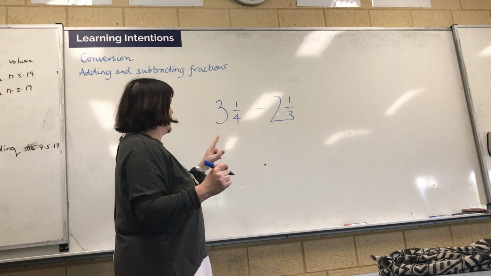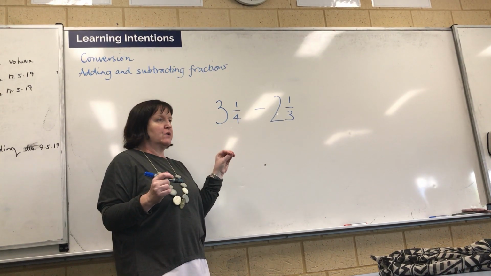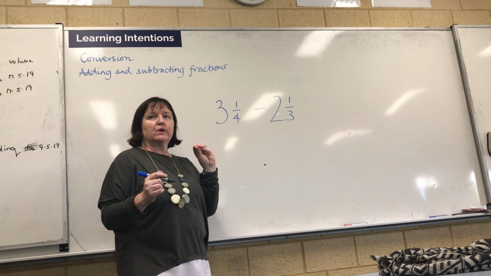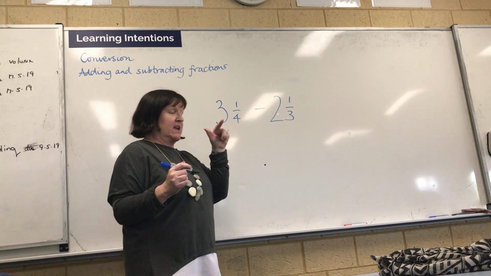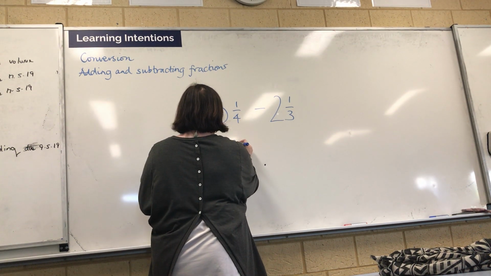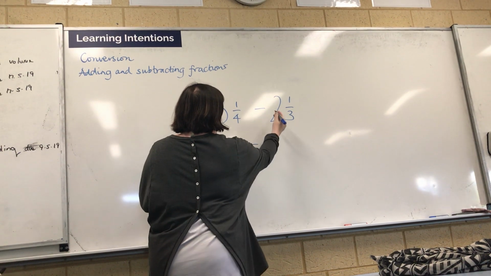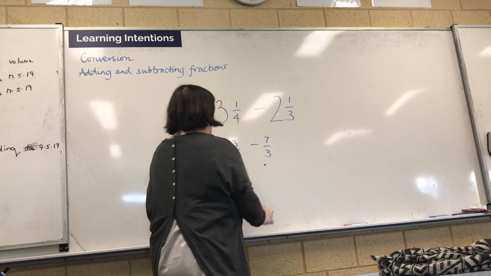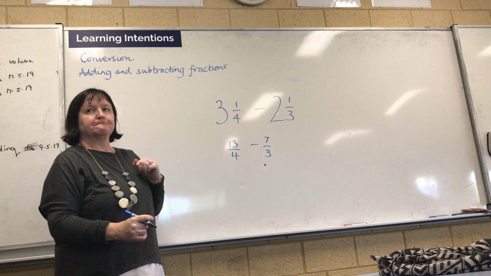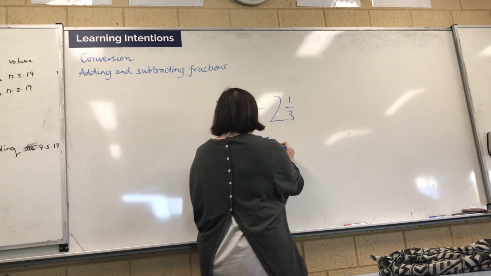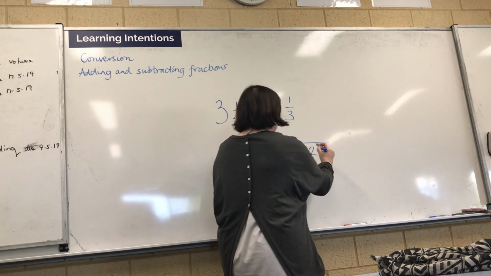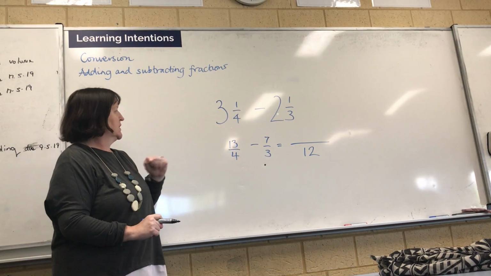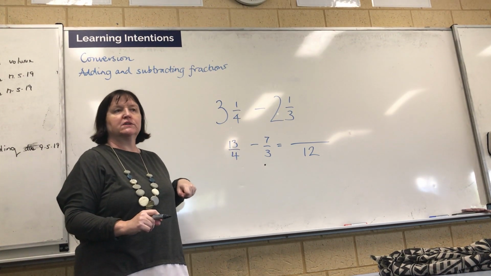So this is what I would do. I would change both of those into improper fractions. So that one will be 13 over 4, and that one will be 7 over 3. Then I would find my new common denominator, which is 12, because 4 times 3 is 12.